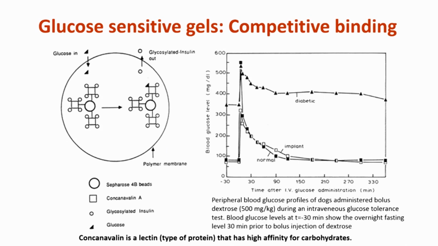Then you can also have glucose sensitive gels with competitive binding. In this case, you are looking at a polymer membrane, and in that you have put a sepharose bead that is conjugated to a lectin, in this case concanavalin A. The lectin typically binds to carbohydrates with very high affinity, and to it you have attached a glycosylated insulin.